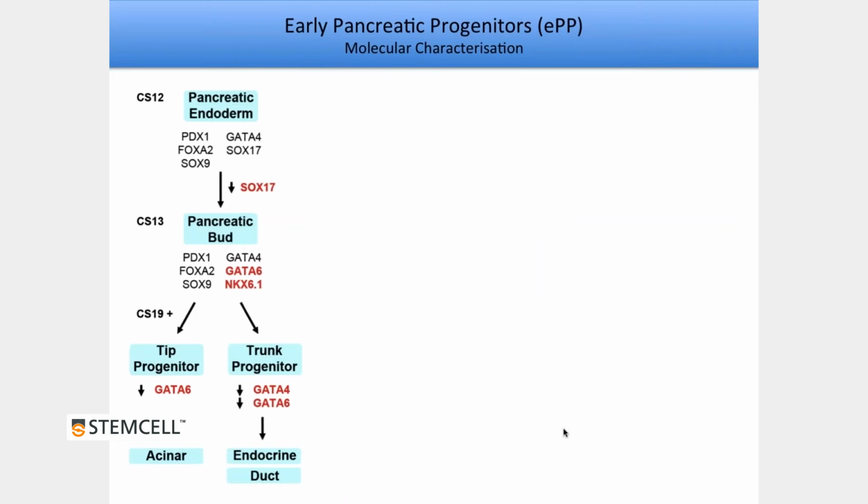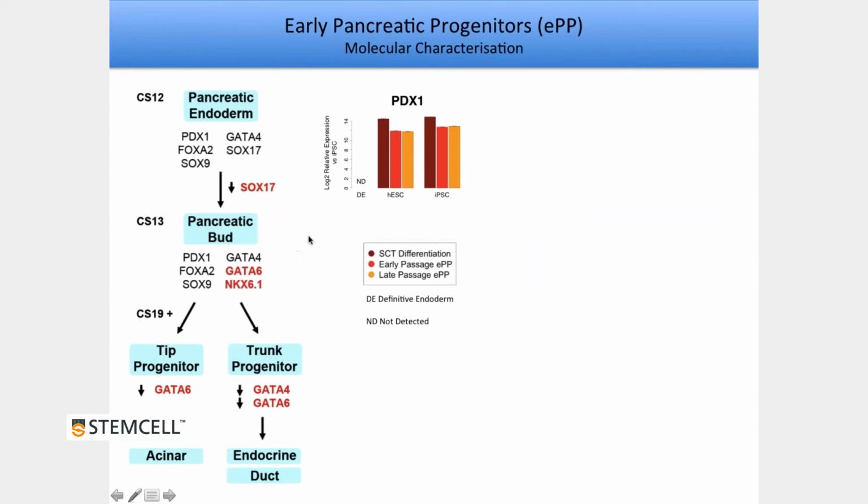Okay, so what exactly are these cells? I've shown you the same schematic I showed before, listing the proteins expressed at different levels of pancreatic development. What you can see here is again the log2 relative expression versus iPS cells in definitive endoderm, again derived from the STEMCELL Technologies kit, and in a human ES, the H9 human ES cell line, and one of my healthy iPS cell lines.